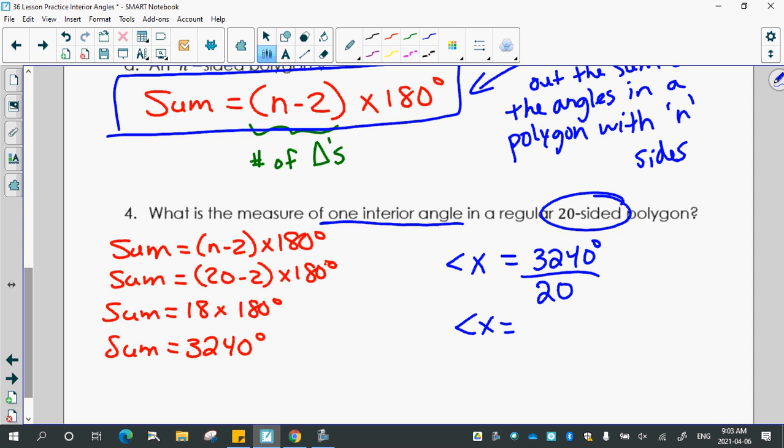Each of those 20 angles is exactly the same because it's a regular polygon, so all angles and all sides are the same length. Each one's 162 degrees. Any questions? As long as you show your calculations and don't just write one answer, you'll get all the marks you need for it.